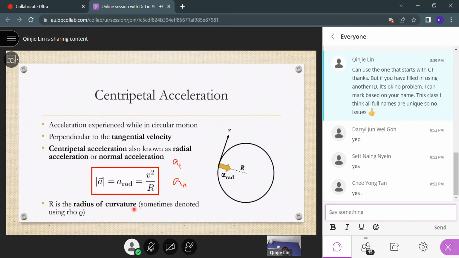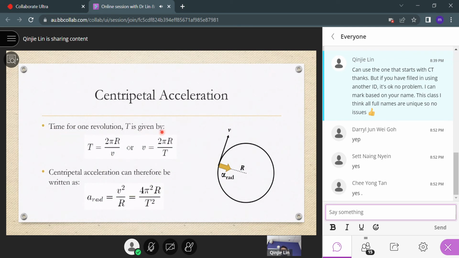So that is the radius of curvature. And down here we use R, but sometimes we use rho. Rho can also stand for other things like density. But if you understand the concept, no matter which textbook or which Google information uses what, you will know. Sometimes we use rho to denote this R also.